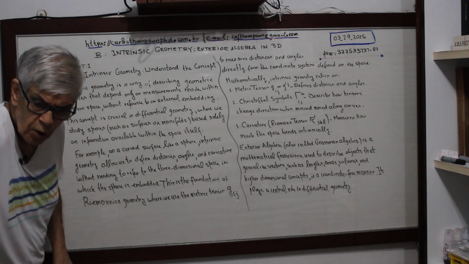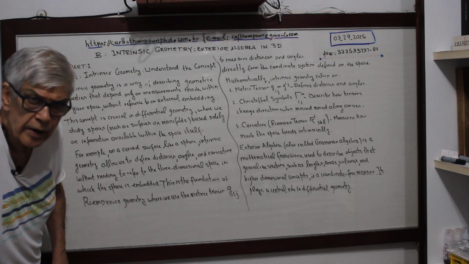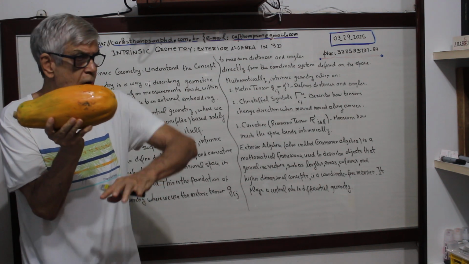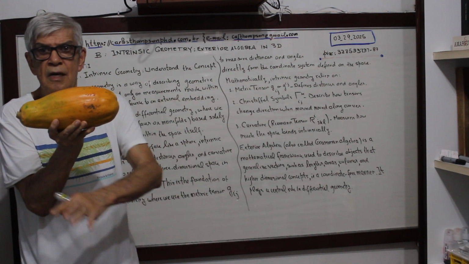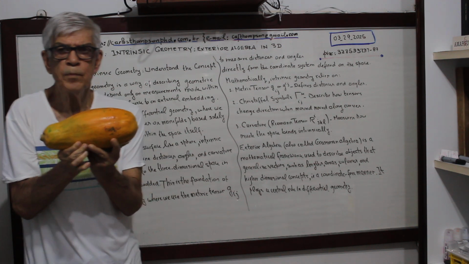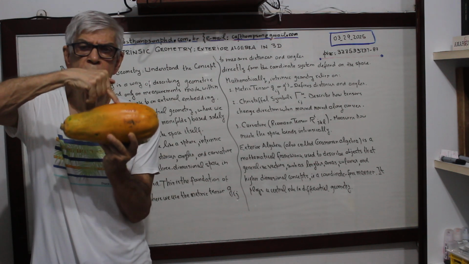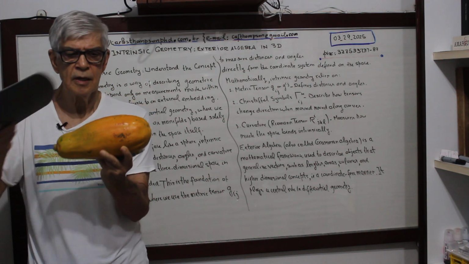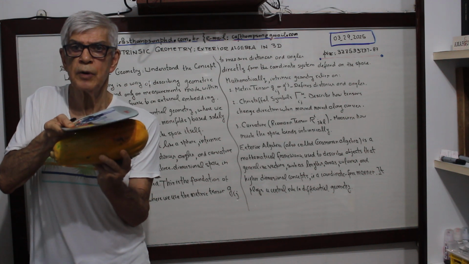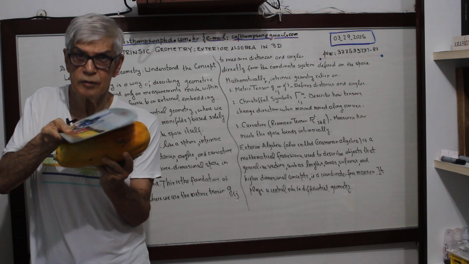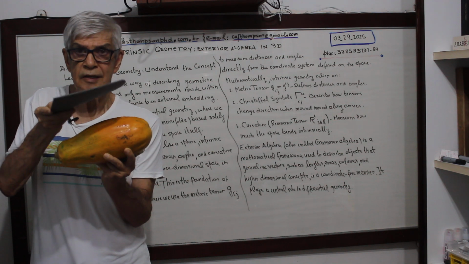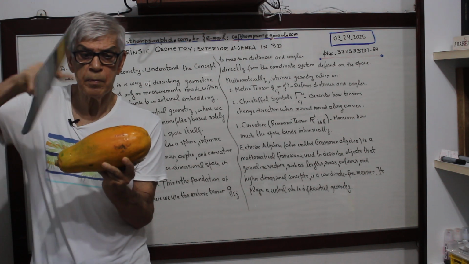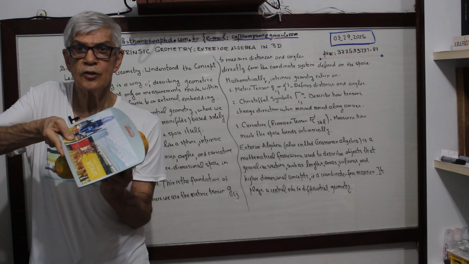I brought here a papaya. This is geometry: the exterior space is not considered. You have a point on the surface, and I construct a tangent plane to this surface at this point. This tangent plane doesn't have anything to do with another point and another tangent plane.